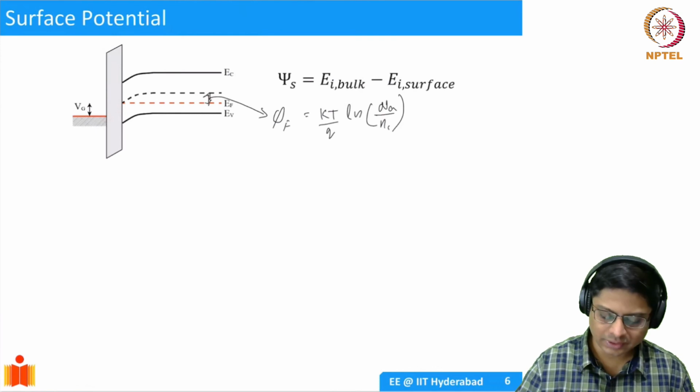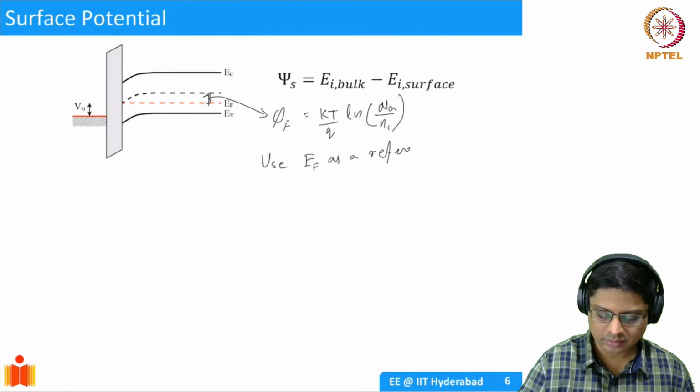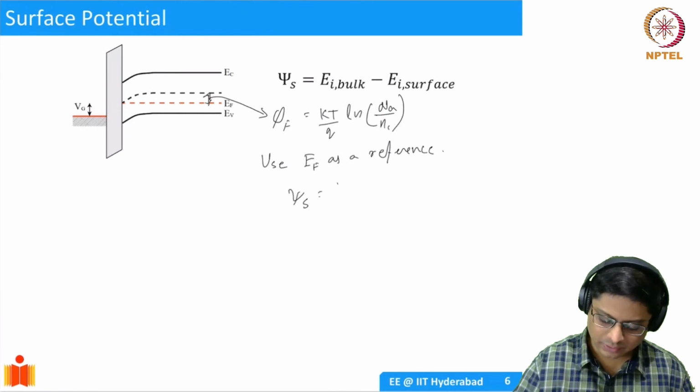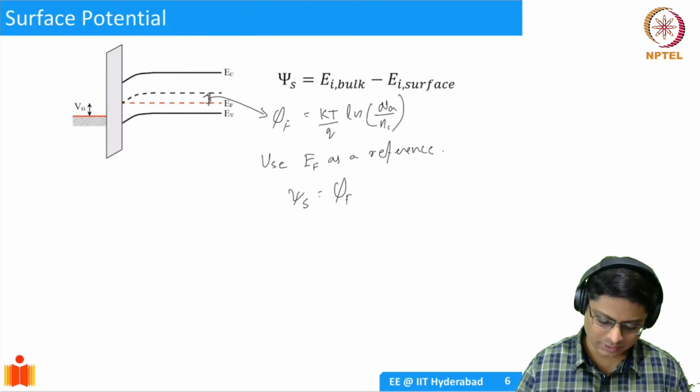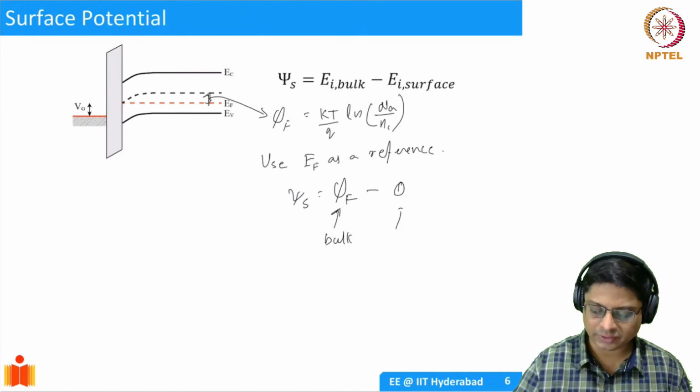So now if you look at it, you can take EF and use EF as a reference. If you use EF as a reference, your psi s is going to be phi f in the bulk minus 0 at the interface.